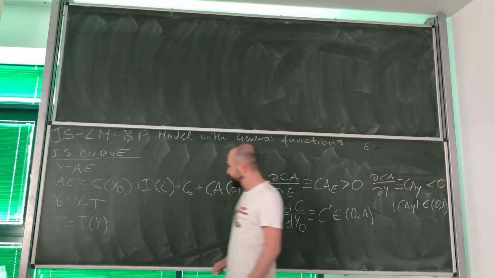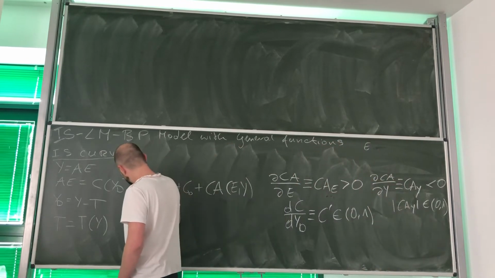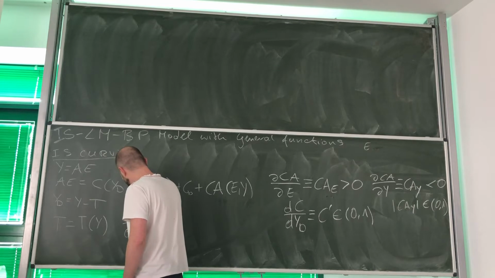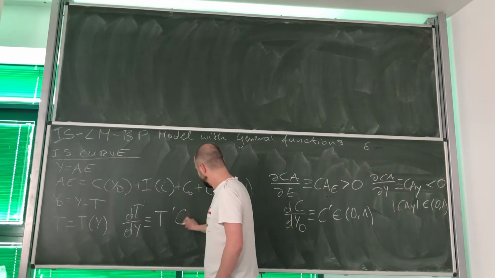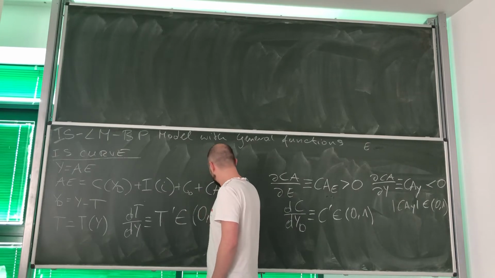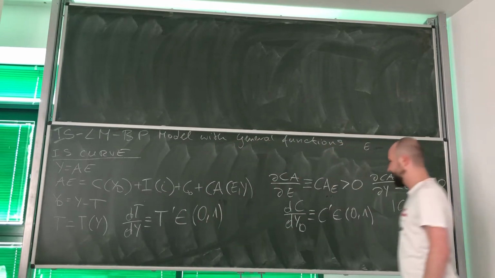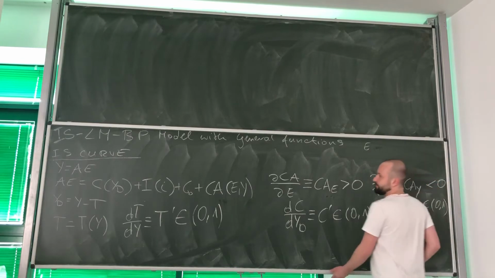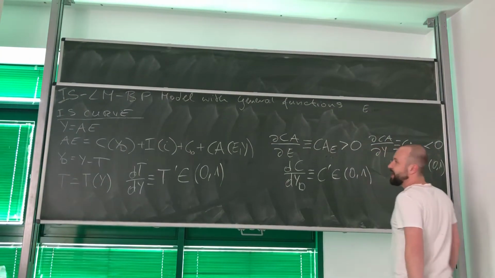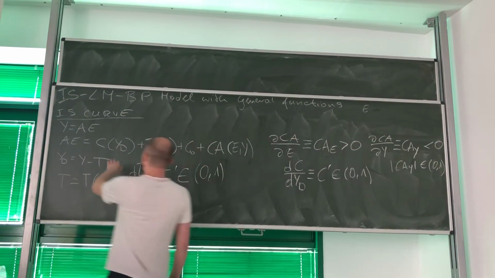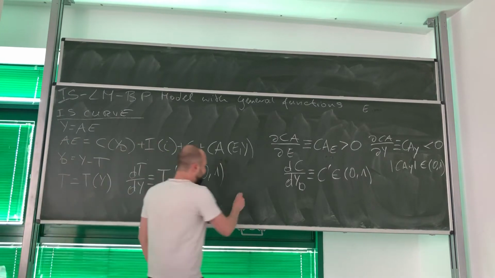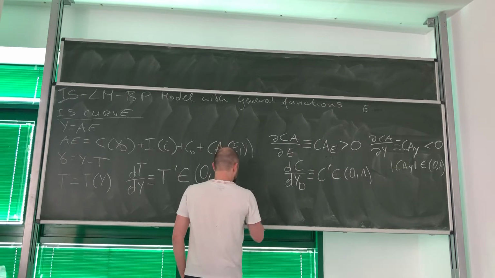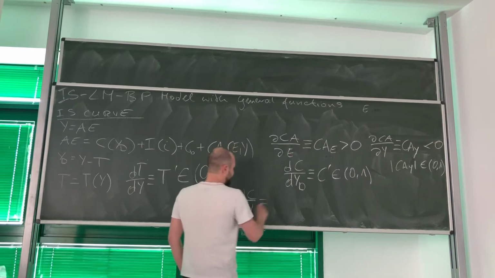We know that the derivative of taxes with respect to income is a tax rate which is also between 0 and 1, and we remember that in order to differentiate this expression with respect to income, we need to use the chain rule, right?